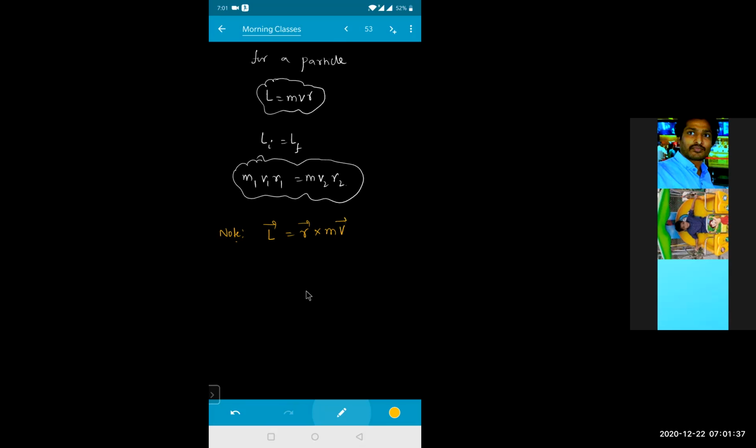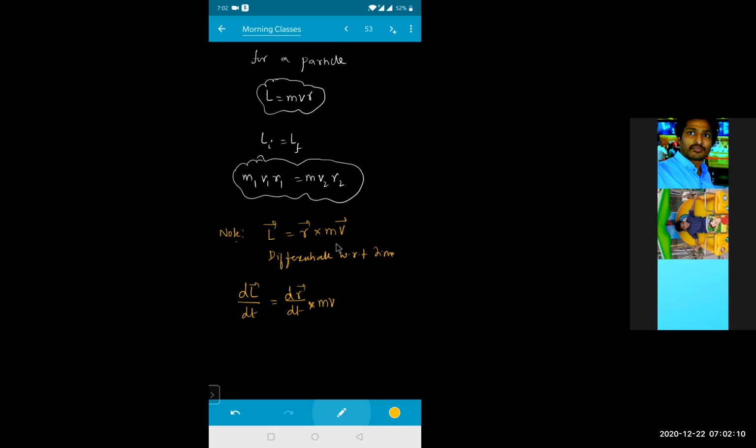If I differentiate this with respect to time, that is dL by dt, I can differentiate this: it is dr by dt cross m into v.